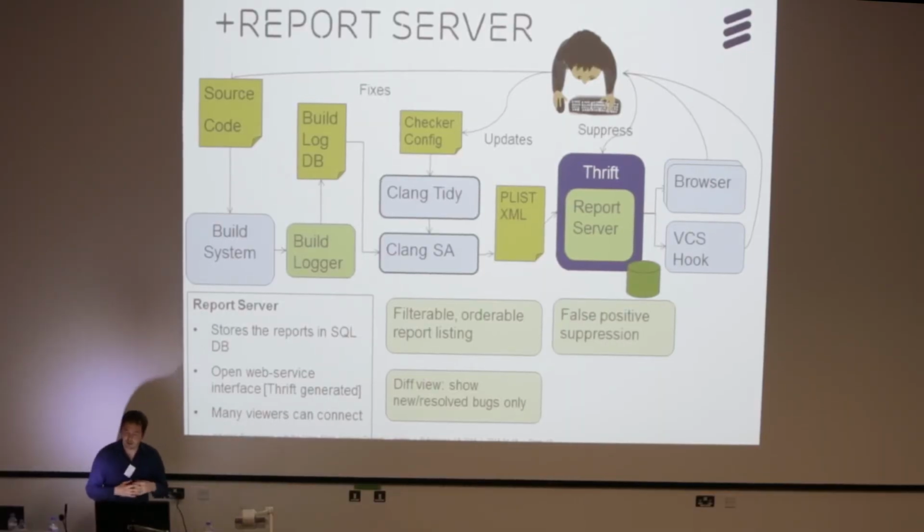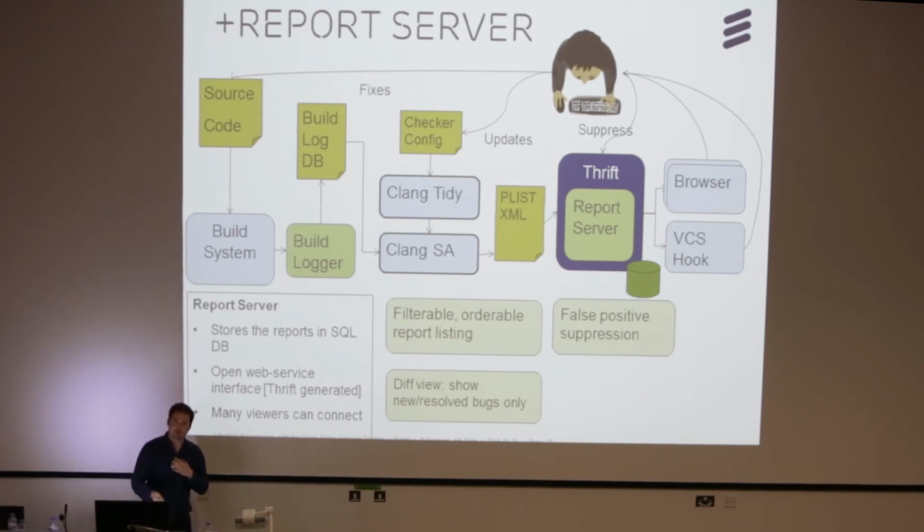Another problem we had with the existing toolset was that, of course, the checkers can report false positives. So there are many cases when the reported problem is not really a problem. You want to suppress it, and you want this suppression to be preserved when you check the results again.